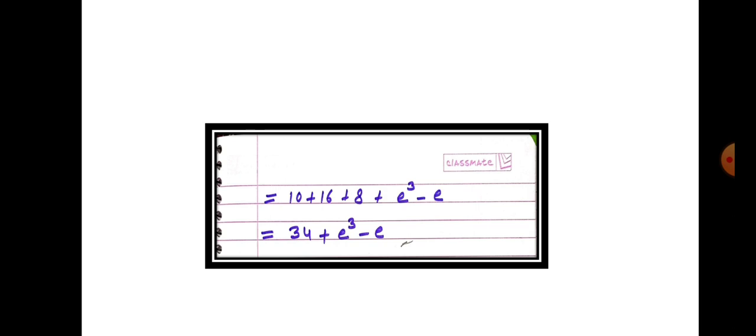So this is equal to 10 plus 8 plus 8 plus e raised to power 3 minus e, which is equal to 26 plus e raised to power 3 minus e. So this is the answer for the question. Thank you.